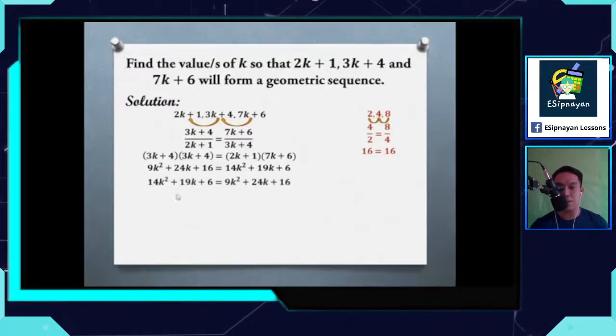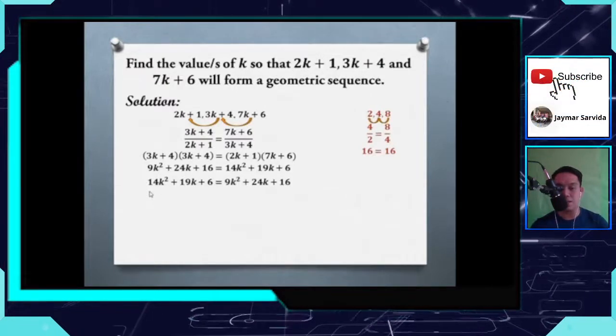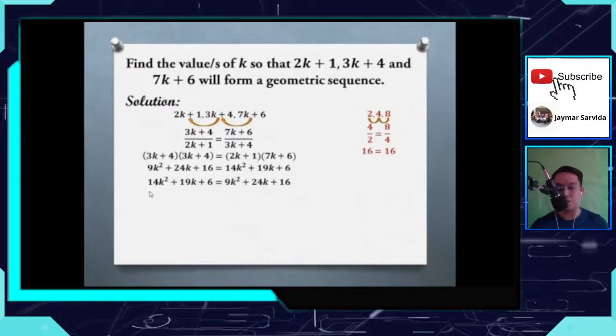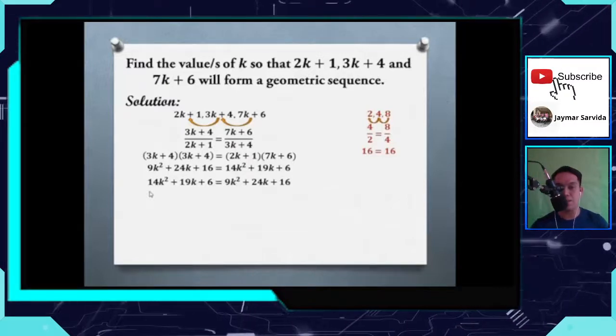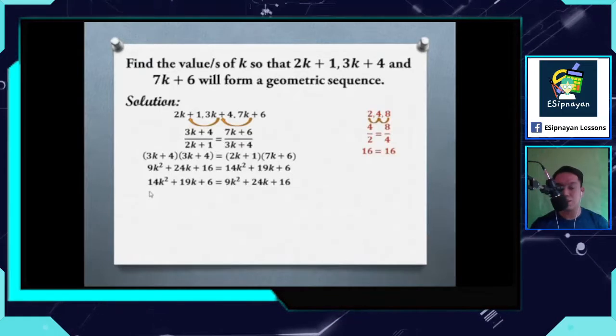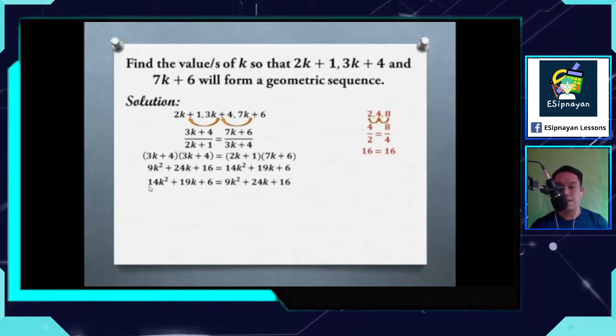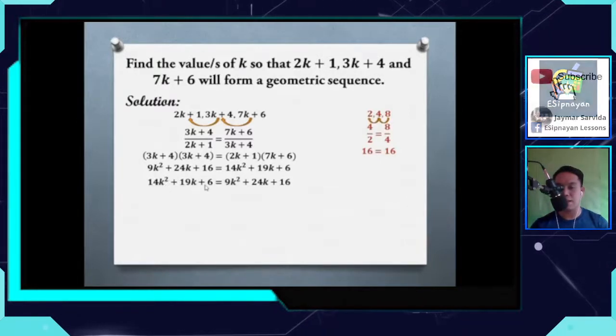So, yung 14k squared plus 19k plus 6, ililipat natin dito sa left-hand side ng ating equal symbol. At itong 9k squared plus 24k plus 16, ililipat natin siya dito sa right-hand side ng ating equal symbol. Then, let's combine like terms.